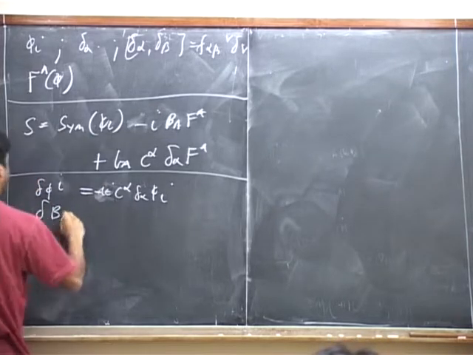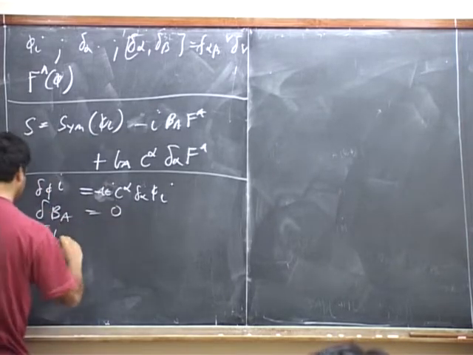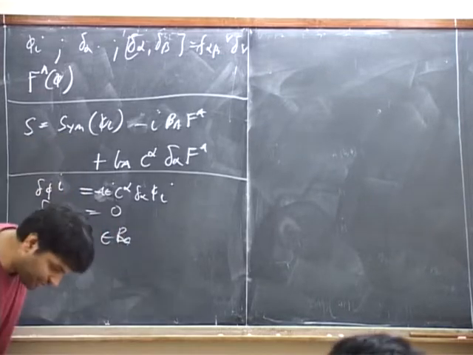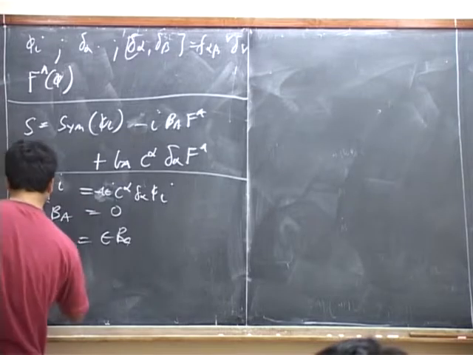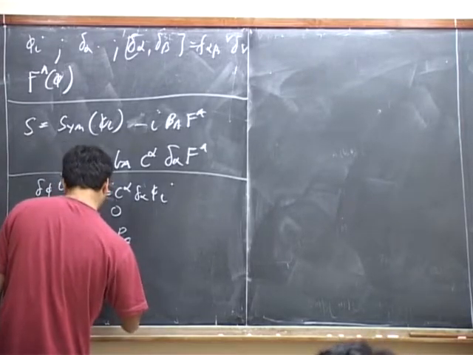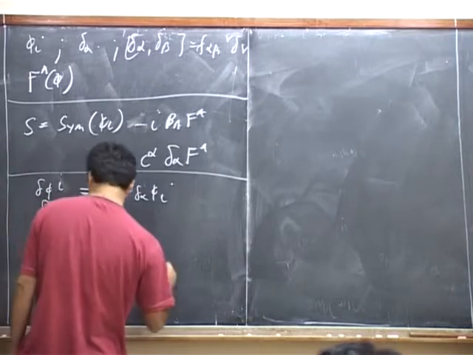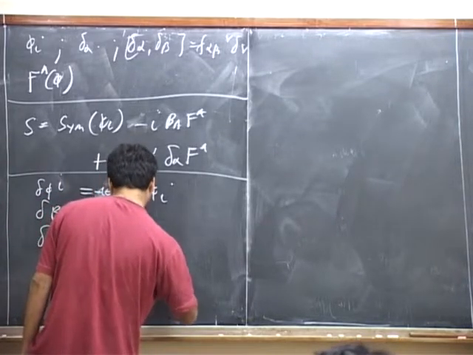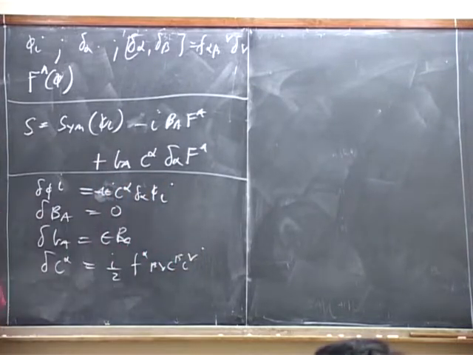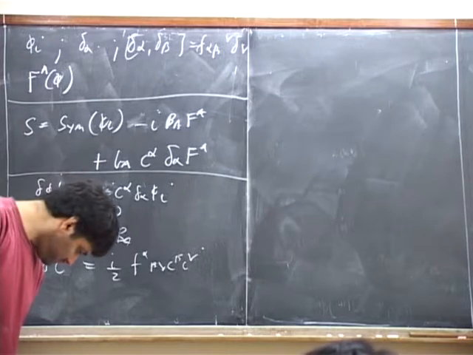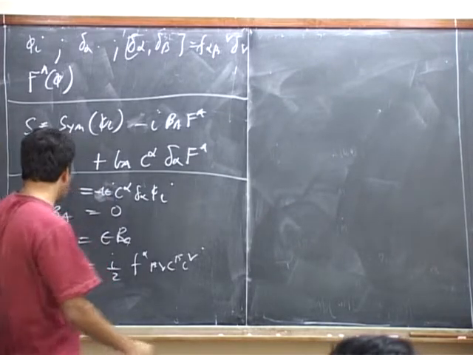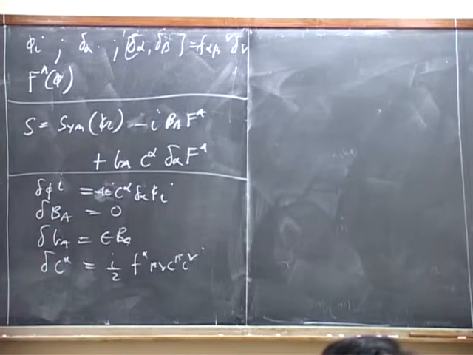Then the change in b was 0. The change in little b alpha was equal to epsilon times b alpha. And the change in c alpha was equal to i over 2 f alpha beta gamma c beta c gamma. Okay. And under this transformation, we saw many things.